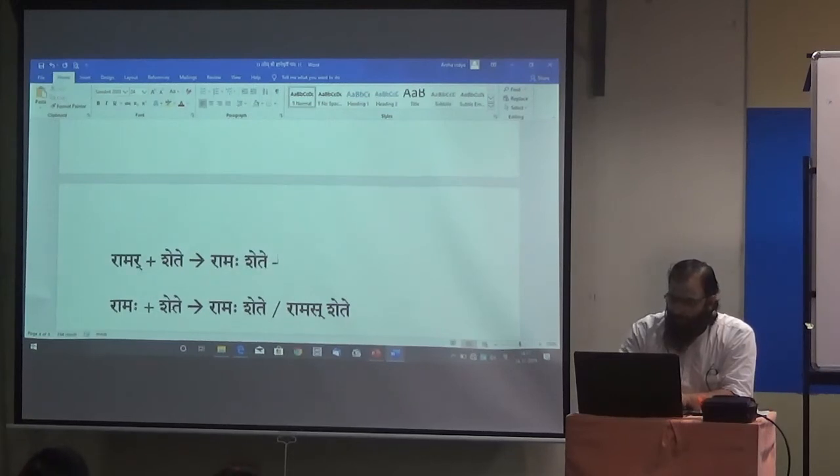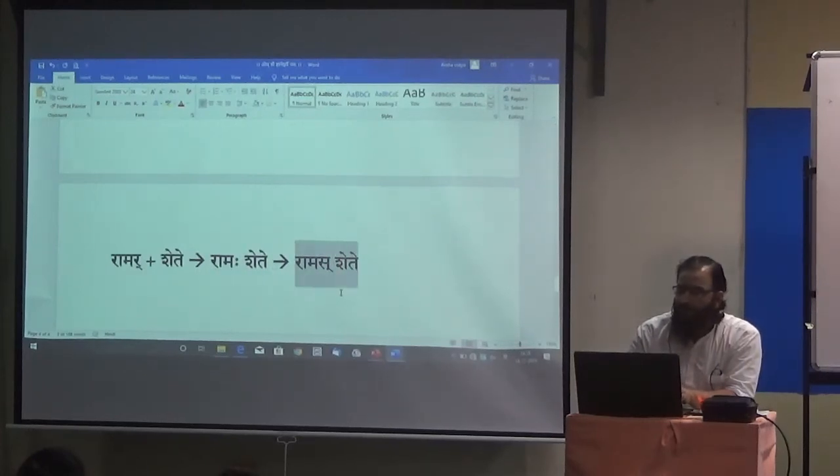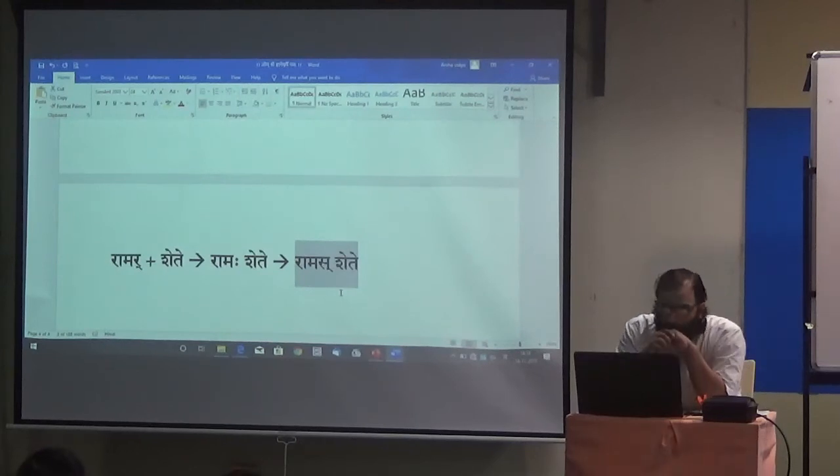So, I am just modifying this. Ramaha shete will become Ramashyete. This is optional. Either you can stop here, Ramaha shete, or further you can do sandhi, that visarga becomes sakara, Ramashyete. Understand?